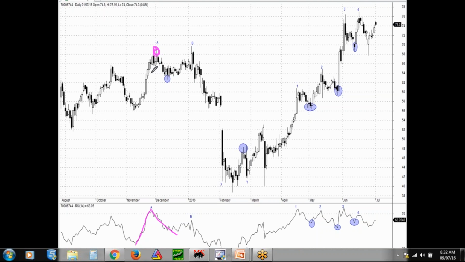RSI moves down, the prices move down, prices start turning, RSI starts turning, prices make a higher close, RSI fails to go to the overbought zone. You exit your position here when you see that the RSI has failed to go to the overbought zone. And you save yourself from this.